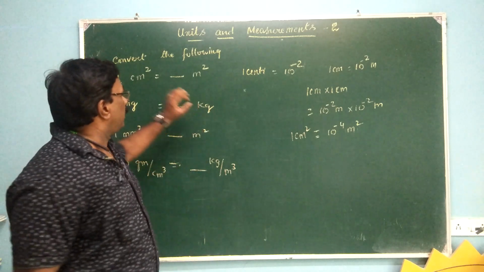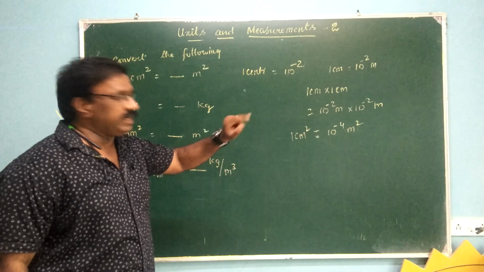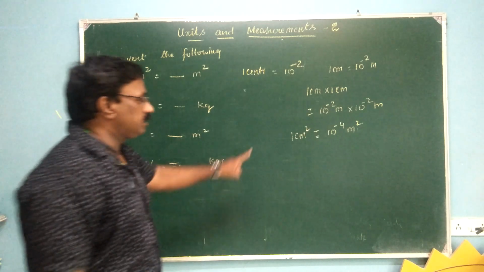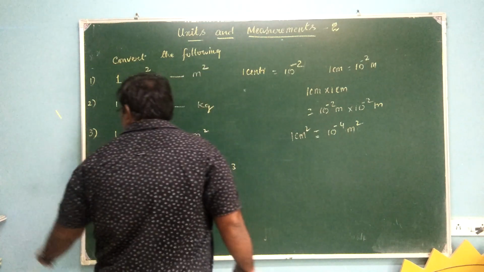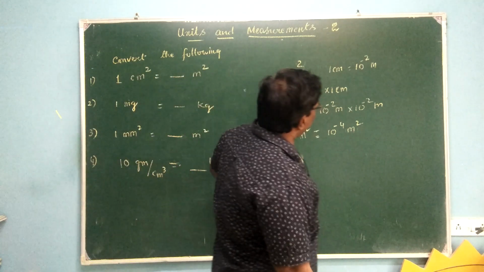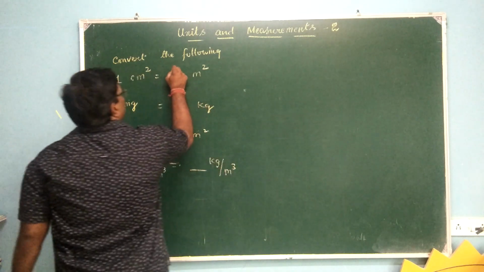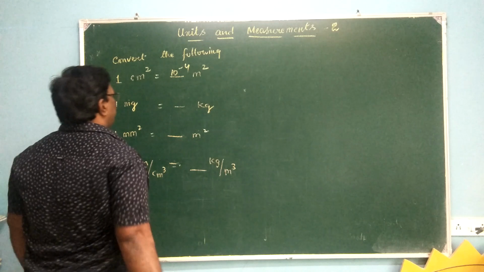Understood? So this is the way to convert 1 centimeter square into meter square. Centi means 10 power minus 2. 1 centimeter means 10 power minus 2 meter. But we require square, so square it. So what is the answer? 10 power minus 4 meter square.